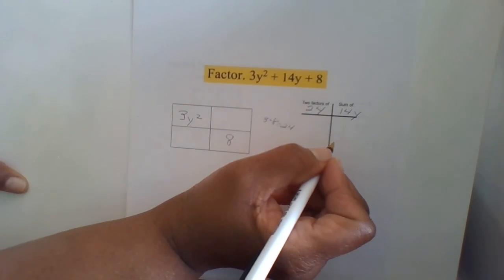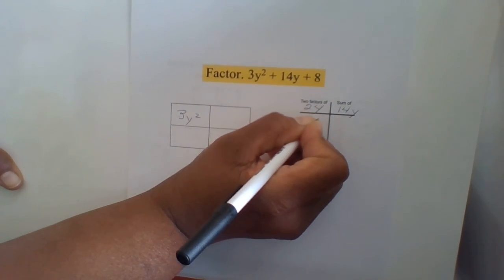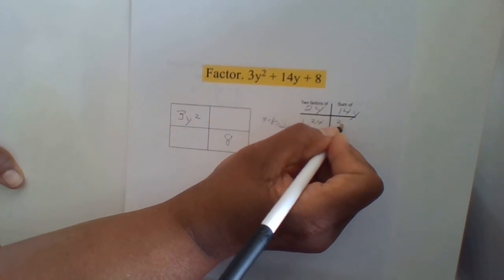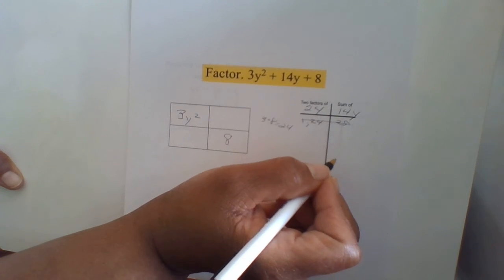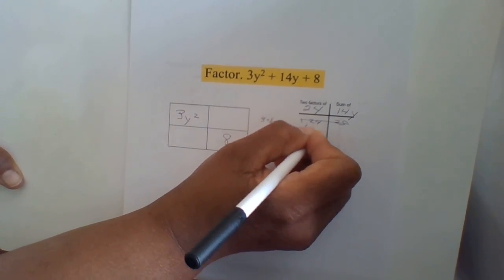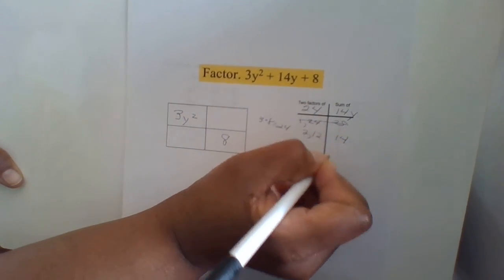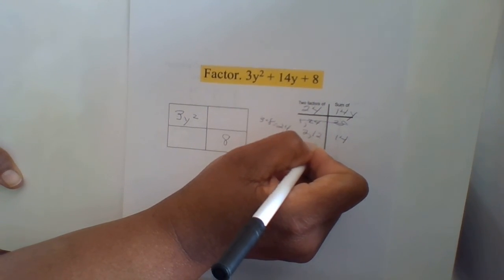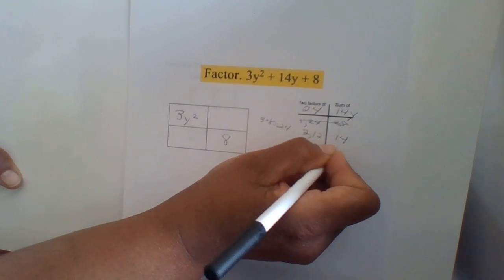So start listing the factors of 24. 1 and 24. If I add these two together, I'll get 25. So that is not going to be used. 2 and 12. 2 plus 12 is 14. 3 and 8. 3 times 8 is 24, but 3 plus 8 is 11.